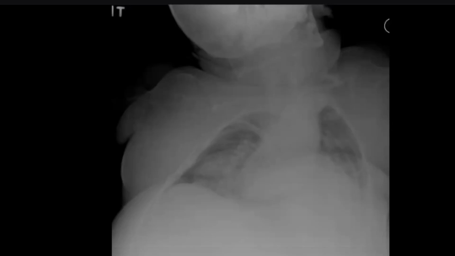In the chest, I can see that there is some deformity of the rib cage, and there is decreased bone density of the entire bones.